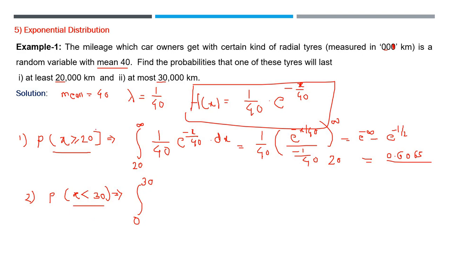The higher limit for any range of kilometers is infinity. The same formula, 1 by 40 e raised to power minus x by 40 dx. If you put in the lower limit and upper limit, you will get the answer 0.5276. Okay, so this is the answer for the first problem.